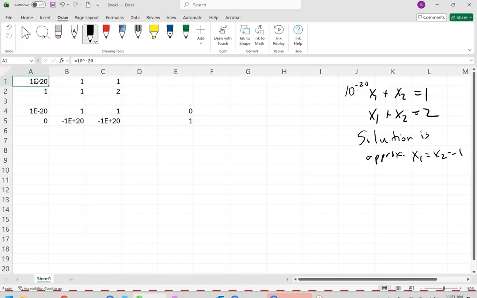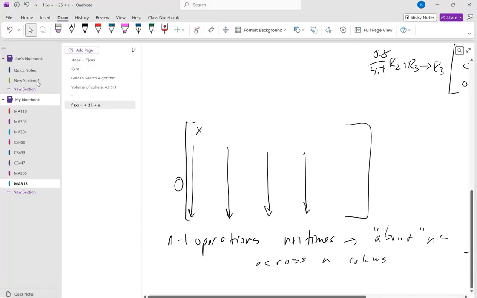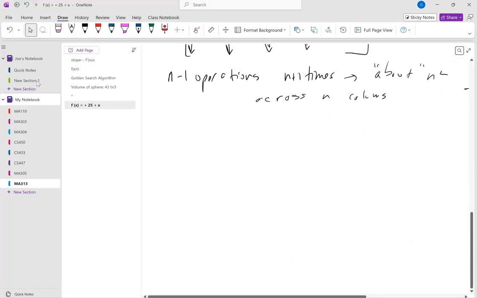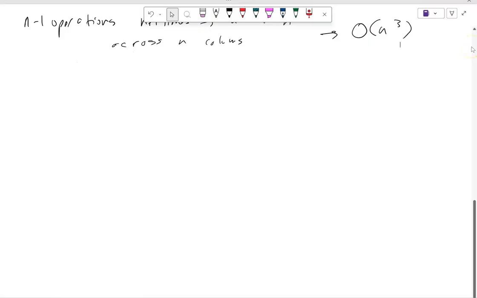Okay. So let's just look at this in general of what happened and then see what we can do to fix it. All right. So going back over here to some notes. Let's say we had the system, rather than working with that 10 to the negative 20th, let me just call it epsilon: epsilon x1 plus x2 equals 1 and x1 plus x2 equals 2. And let's see what happened.